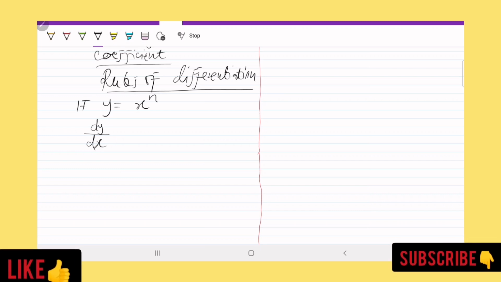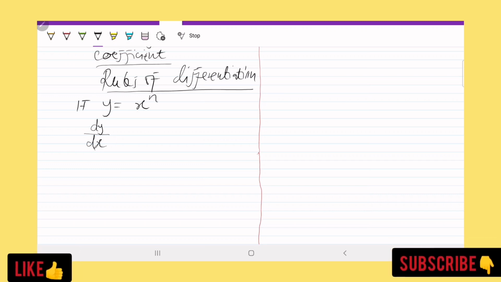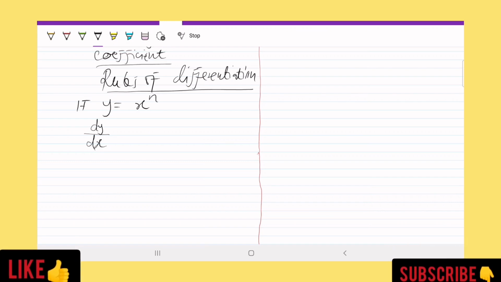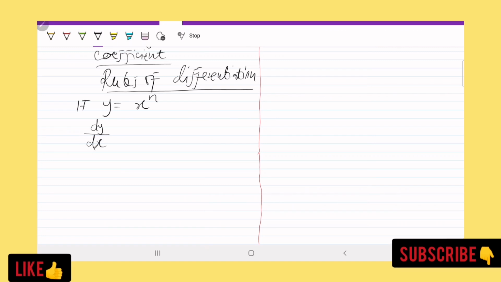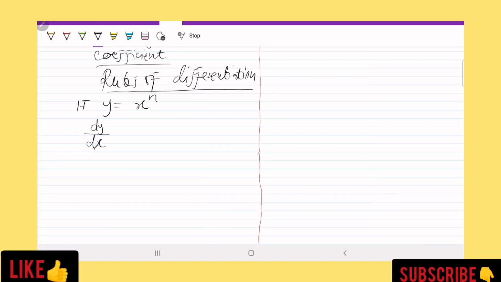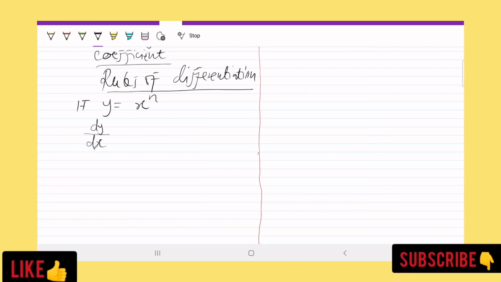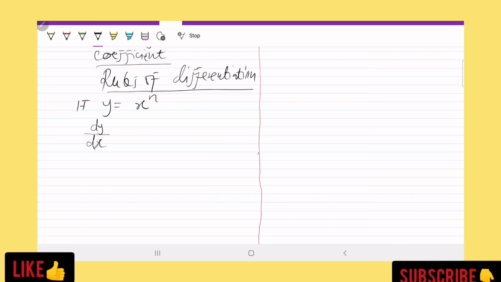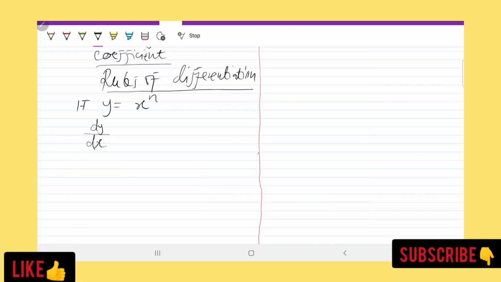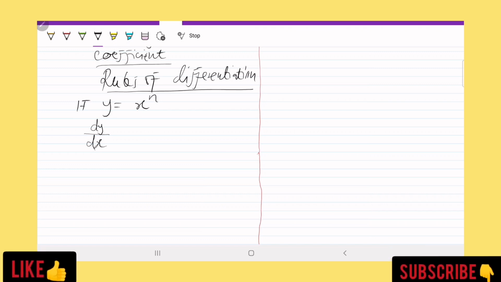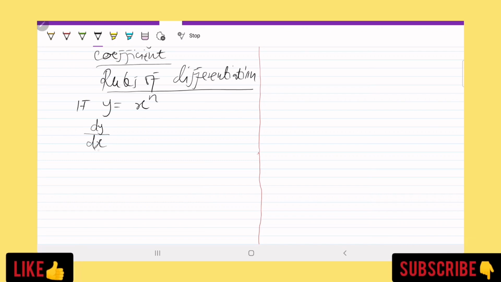Please be careful here. What we want is to differentiate two quantities, y and x, and find the change that exists between them. When you differentiate y, the end result becomes dy over dx, as I've written here.